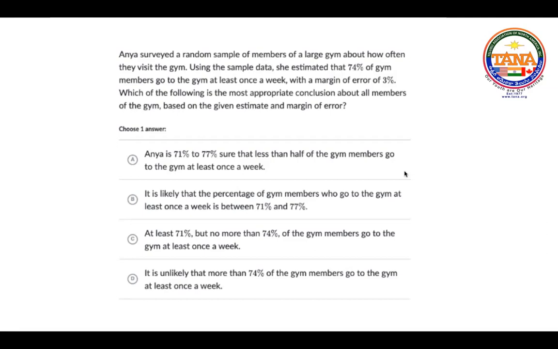I'll give you guys another 30 seconds or another minute so you guys can get it.